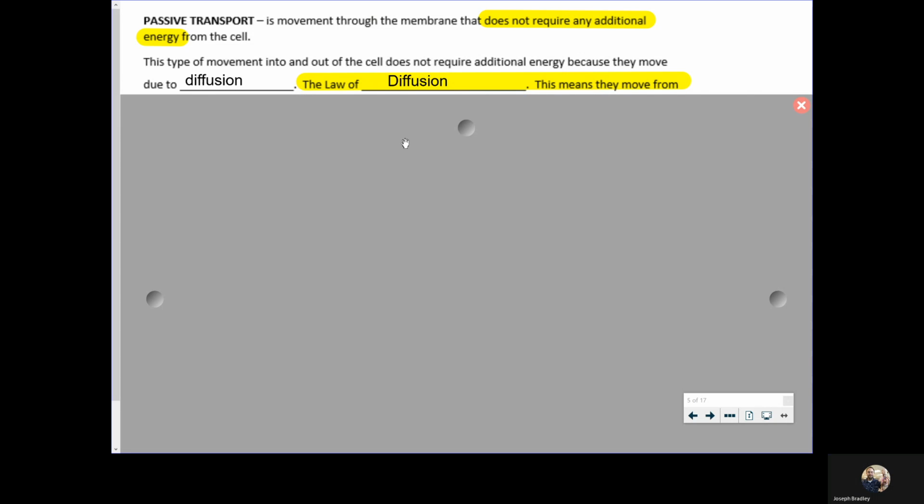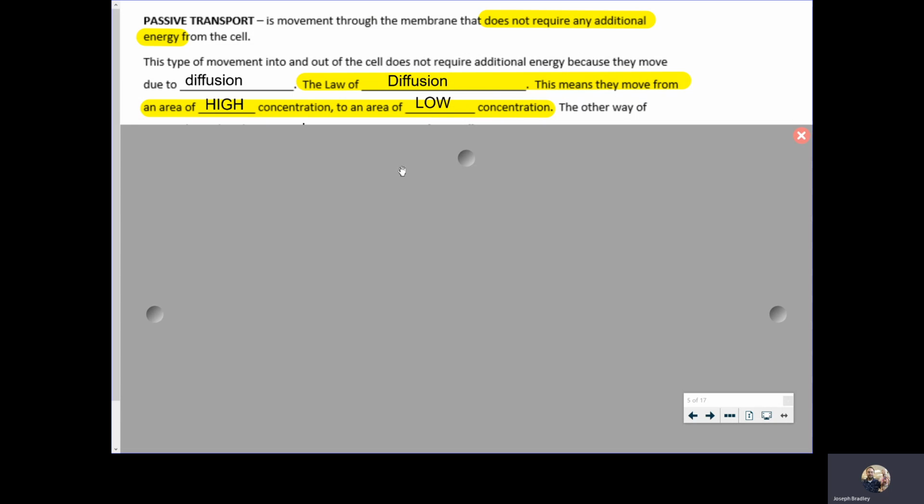This type of movement into and out of the cell, as it says, doesn't require any additional energy because of the law of diffusion. The law of diffusion means materials will move from an area of high concentration to an area of low concentration.